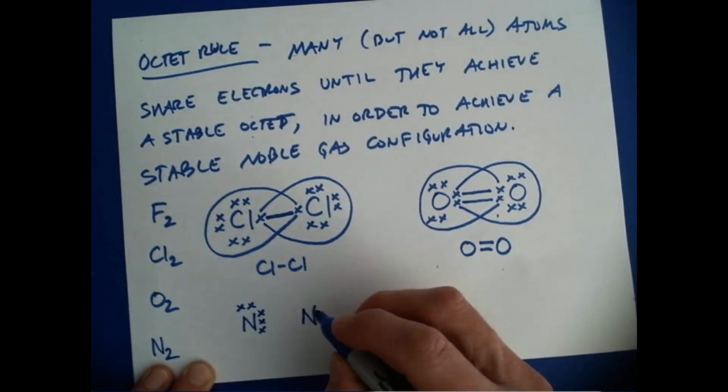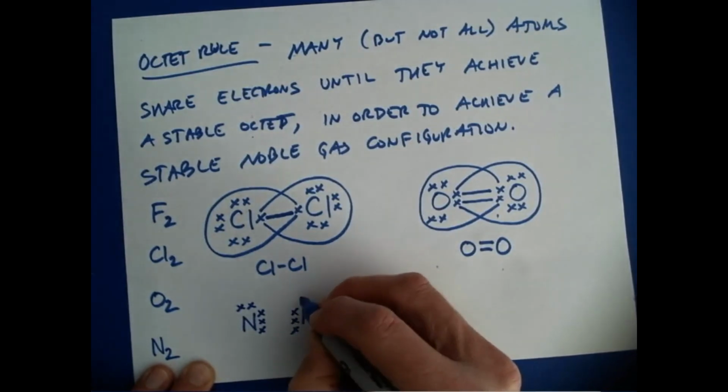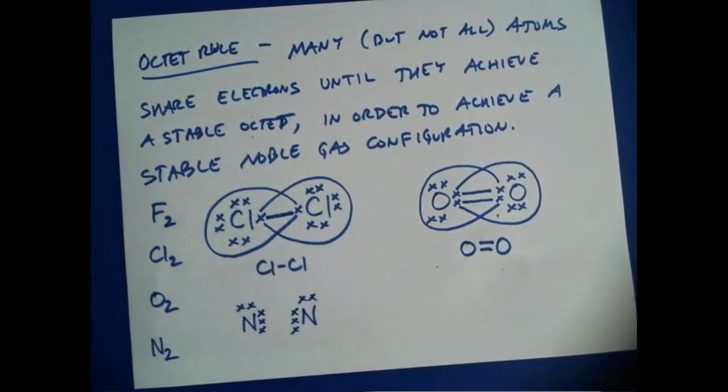And another nitrogen atom 1, 2, 3, 4, 5. So they all have these 5 valence electrons. And let's see, we're going to need to share once. That gets us to 6, right? Every time an atom shares electrons, it gains 1. So this takes me from 5 to 6 in the first sharing, to 7 in the second sharing, to 8 if it shares 3 times.